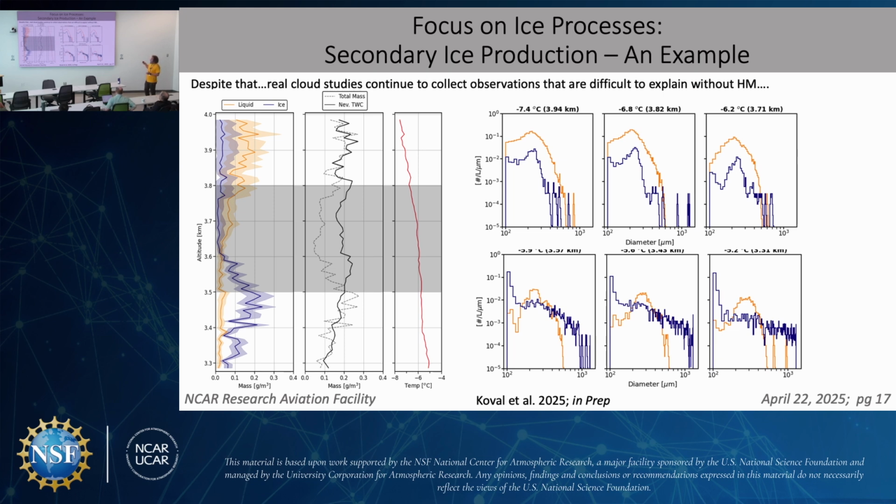Looking through the same cloud, now we're zooming in on the area between -7 degrees Celsius down to, it got cut off here, but this is about -5 degrees Celsius. And we're looking at particle size distributions in orange of liquid particles, in blue of ice particles. So we've used circularity and sphericity from OAP probes to separate liquid from ice particles and plot out the distributions.